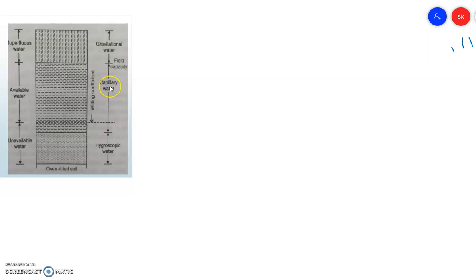So we will solve numericals. Before solving numericals, we will discuss how we can develop the equation for the field capacity or available moisture depth.